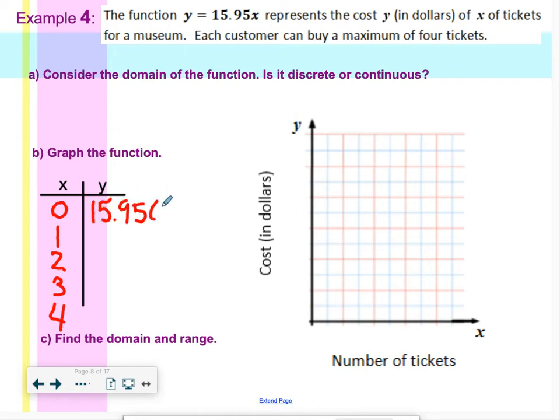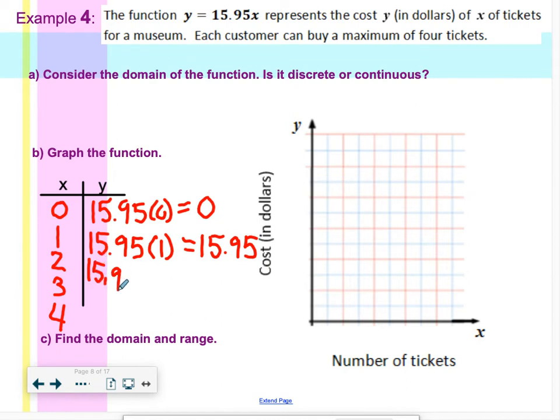So we're going to have 15.95 times 0. What's that going to give me? 0. Right, if I don't buy anything, should I have to pay for anything? No. Goose egg. Anyone have a calculator to help us out? What's 15.95 times 2? 31.9. Good job.